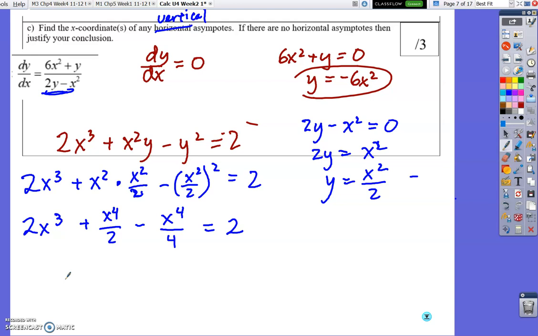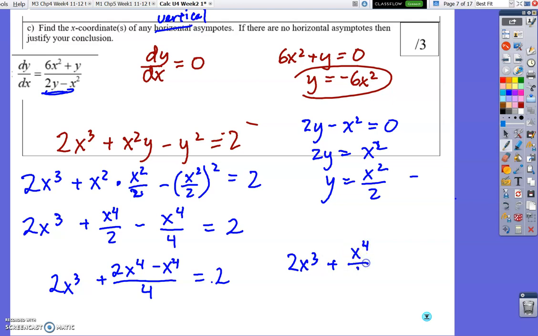And so those are the same. So I've got 2x cubed plus x to the fourth over 4 equals 2. I'm going to times everything by 4. 8x cubed plus x to the fourth equals 8.